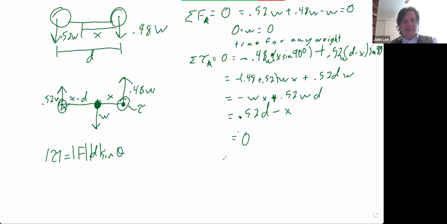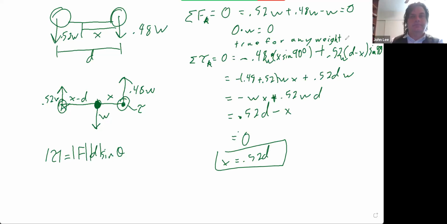So x is going to equal 0.52 d, which is a lot more reasonable number than what I was getting earlier. So yeah, that's how you solve a basic statics problem.